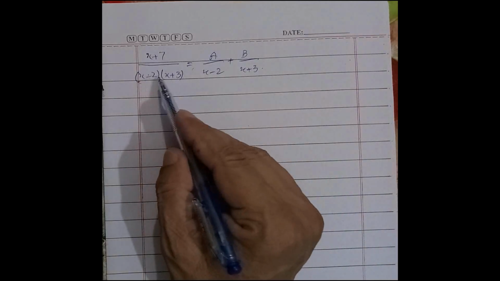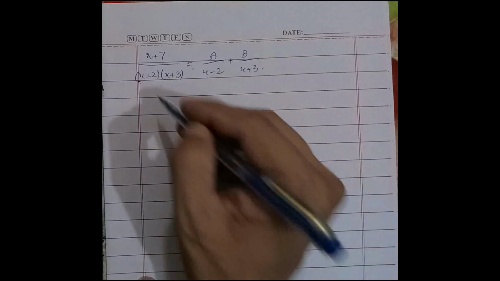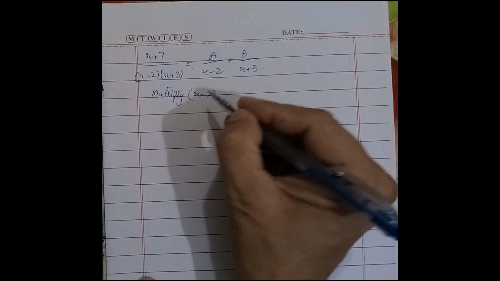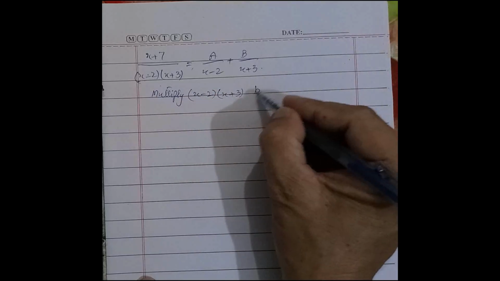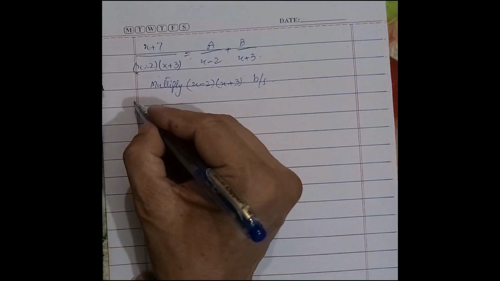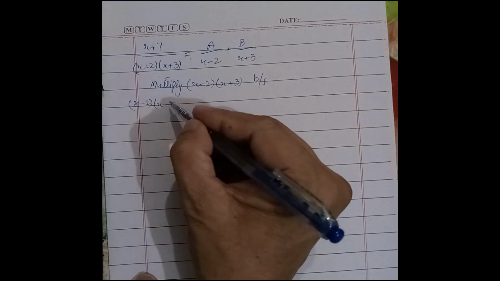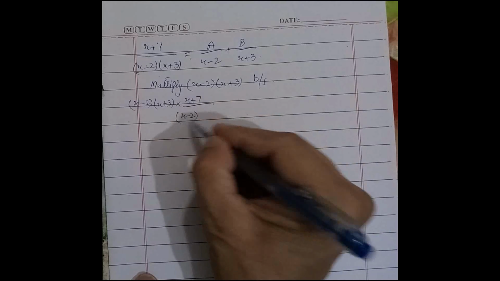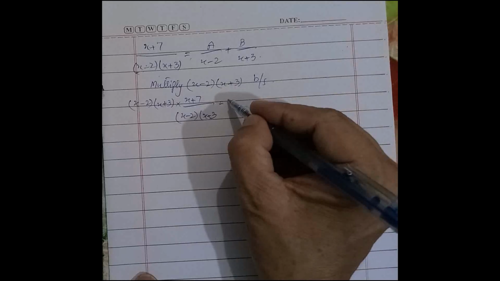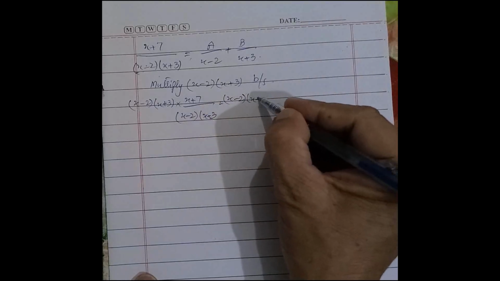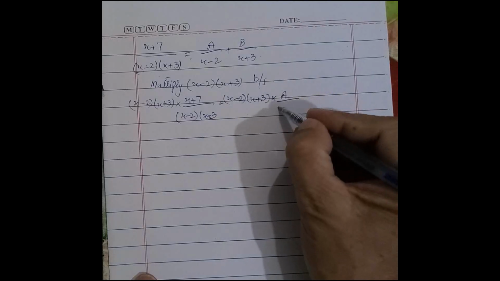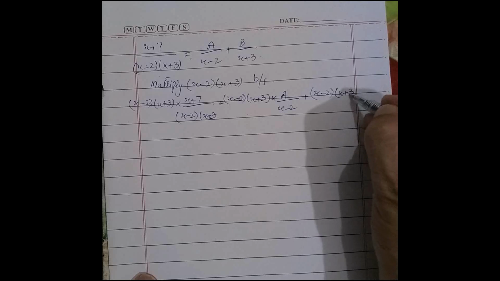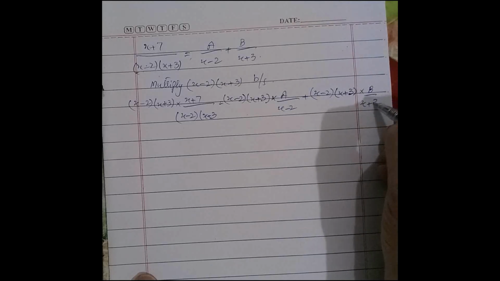First we multiply by these two denominators, x minus 2 and x plus 3, on both sides. We get (x minus 2)(x plus 3) multiplied by (x plus 7) over (x minus 2)(x plus 3) is equal to (x minus 2)(x plus 3) multiplied by A over (x minus 2) plus (x minus 2)(x plus 3) multiplied by B over (x plus 3).